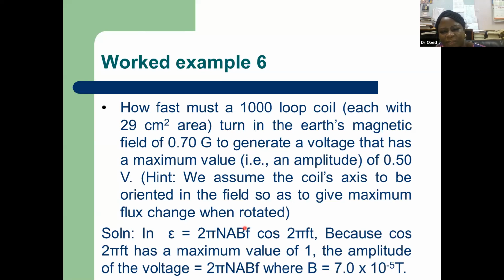The hint is that we assume that the coil's axis is oriented in the field so as to give maximum flux change when rotated.